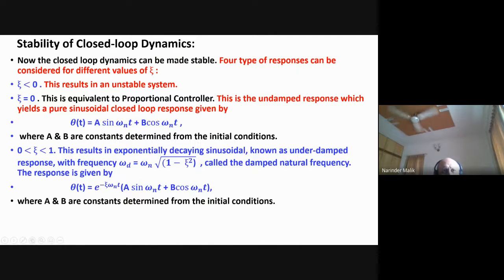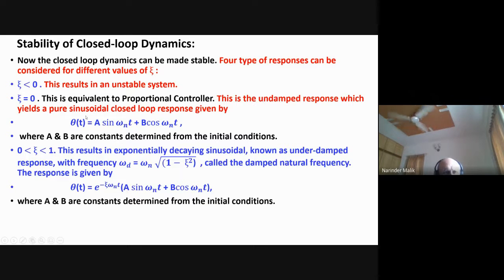Now the closed loop dynamics can be made stable. There are 4 types of responses possible for different values of zeta. Zeta less than 0 results in an unstable system, as the Kd term is negative. Zeta equal to 0 is equivalent to a proportional controller, that is, the Kd term is absent, resulting in an undamped system.